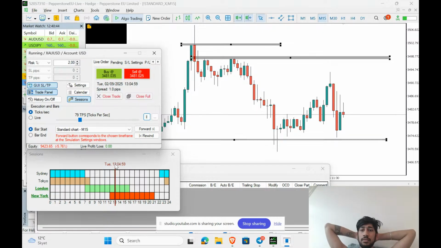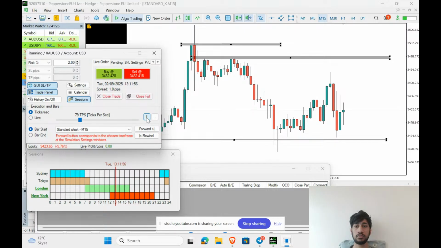I'll give my trade a second chance if this breaks above its own high again, because we are just 6 minutes in this candle. 9, 10, 11, 12, 13.